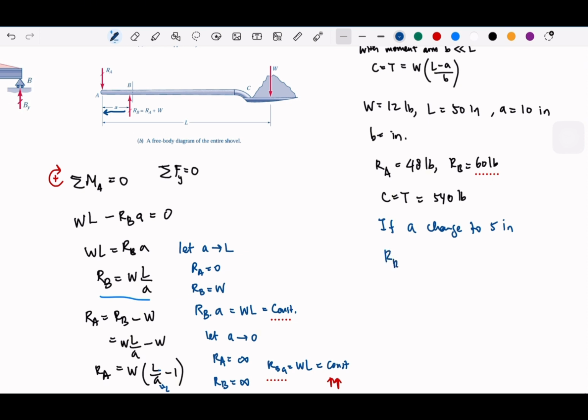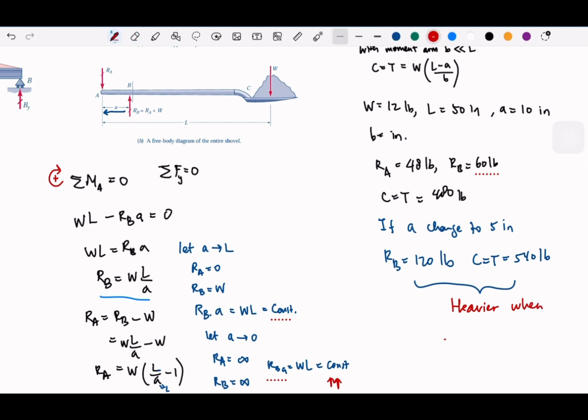RB will be 120 pounds, twice as much, and C and T will be, oh sorry, this should be 480. This should be 540. So it will be very, very heavy. The conclusion is that it gets heavier when we reduce the size A.